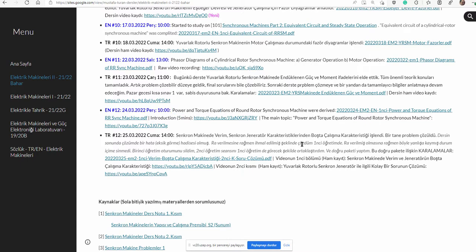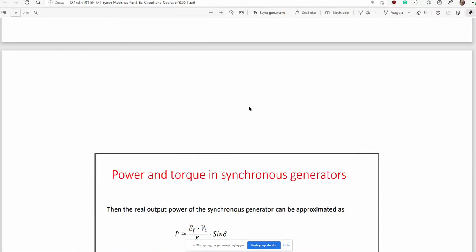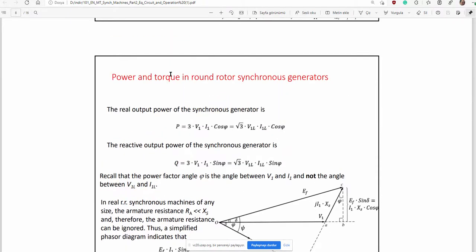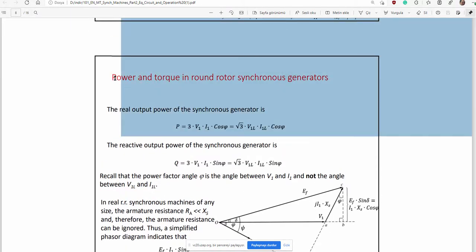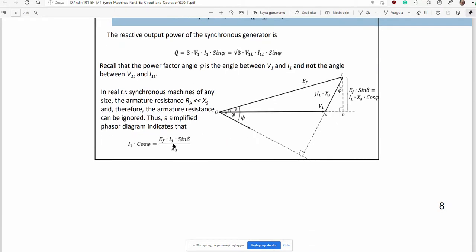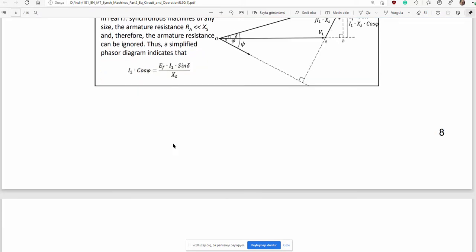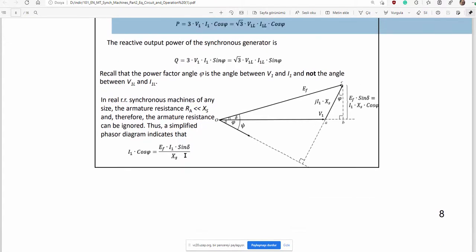And here it is, power and torque in round rotor synchronous machine. In fact, that equation is valid for round rotor or cylindrical rotor machine. Sometimes it is also called a smooth air gap machine or turbo alternator, turbo machine. All those have the same meaning.